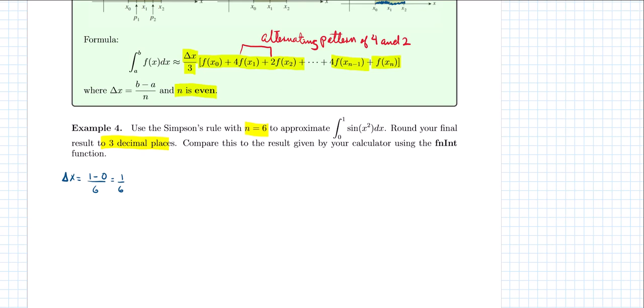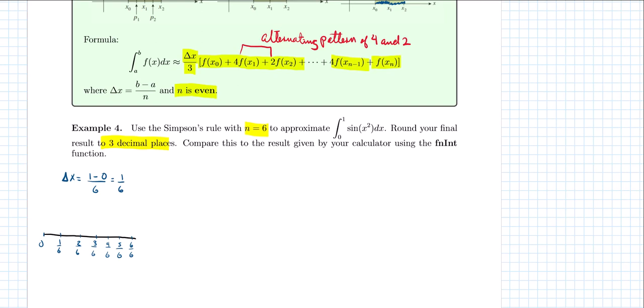If we picture our x-axis, we're going to be dealing with the following subintervals: 0, then 1/6, then 2/6, which we could simplify as 1/3, but I'm going to keep it as is. So I'll keep 1/6 through 6, 3/6, 4/6, 5/6, and 6/6.